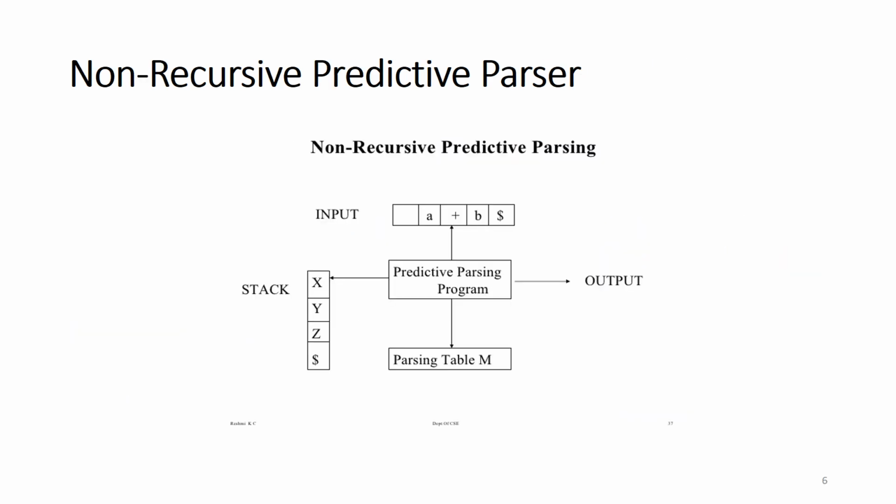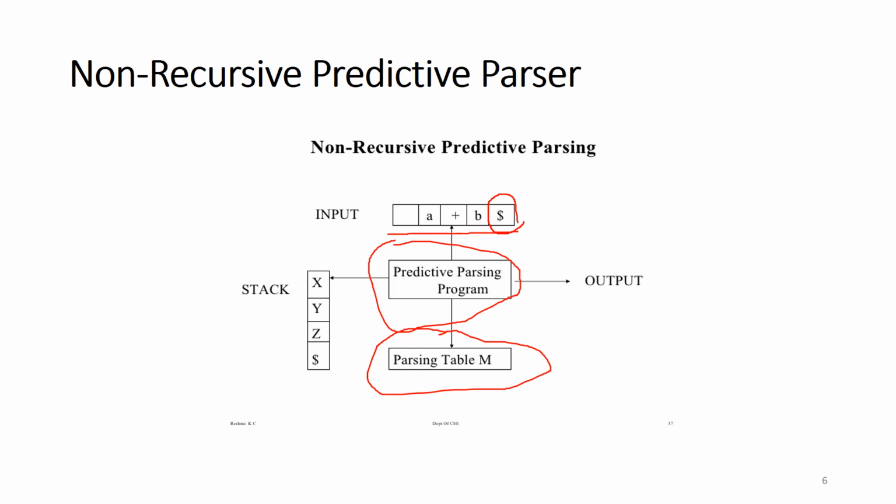This is the diagrammatic representation of the predictive parser. In this diagram, we have the predictive parsing program, which has complete control over the parsing activity. We have the parsing table, which is a two-dimensional array. This parsing table determines the appropriate production to be used based on the input. We have the input buffer, which takes the input string and it is terminated with the dollar symbol.